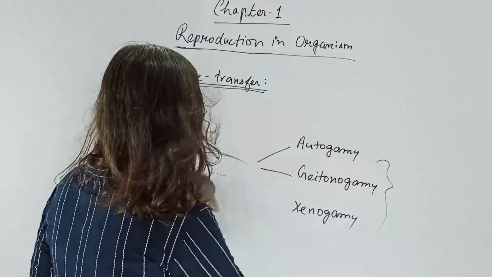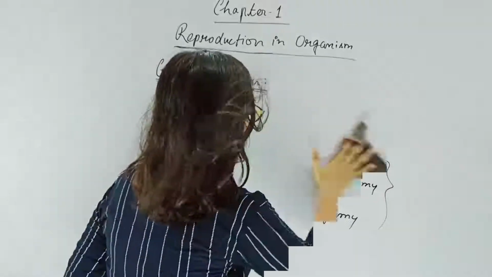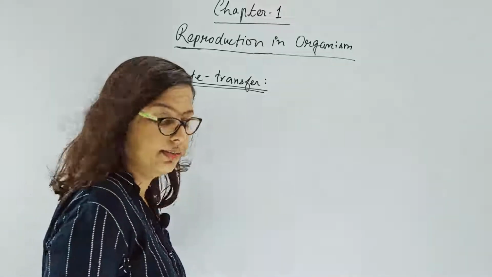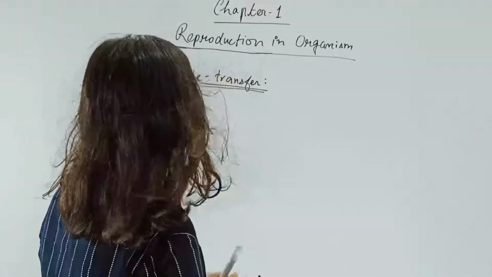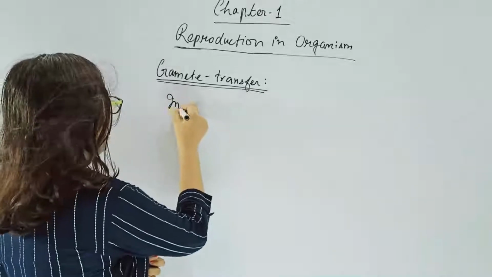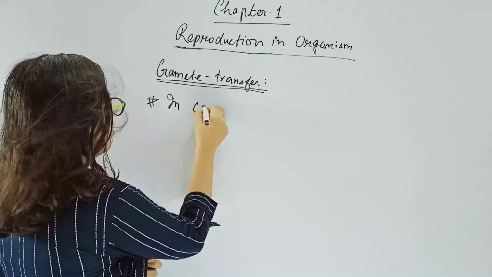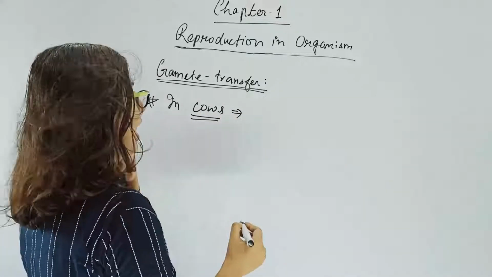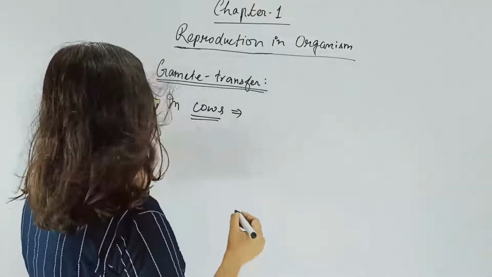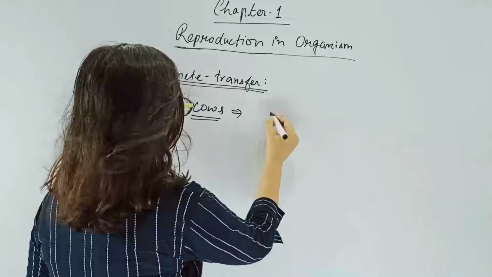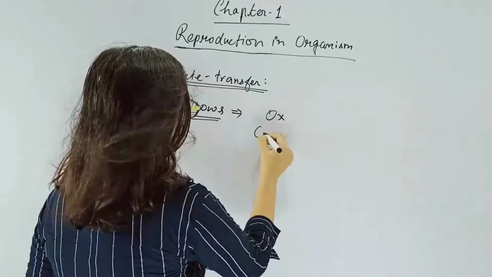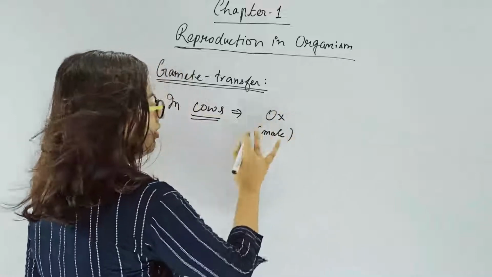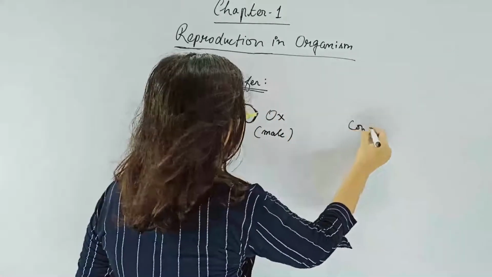Next to the angiosperms, what happens in higher animals? For example, in cows, how will the gametes be transferred? So, in cows, which are higher animals, there will be a male individual and a female individual.